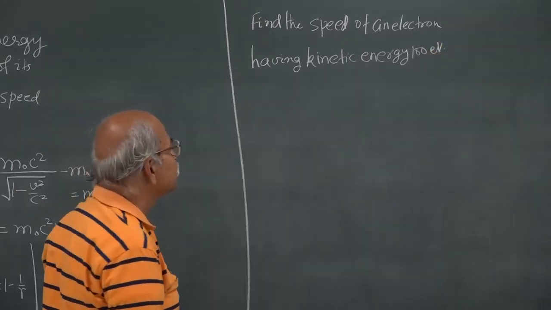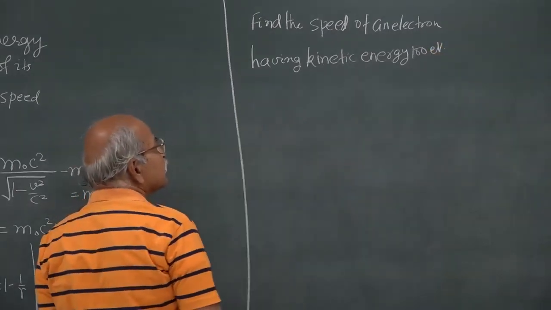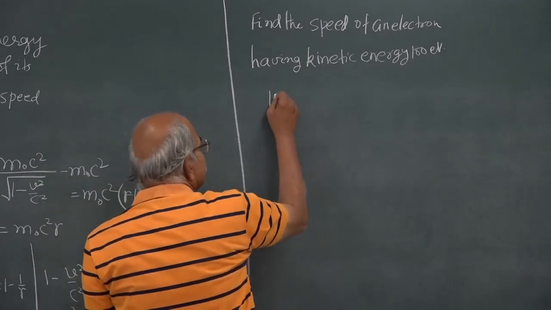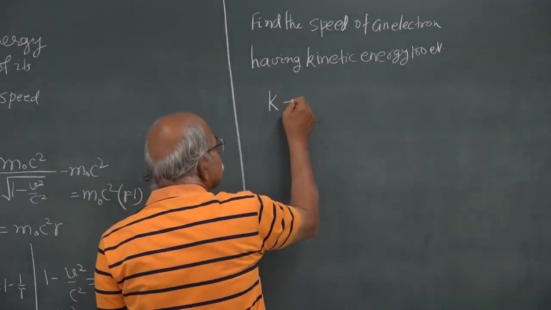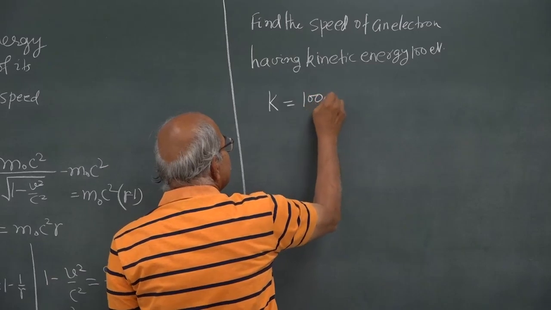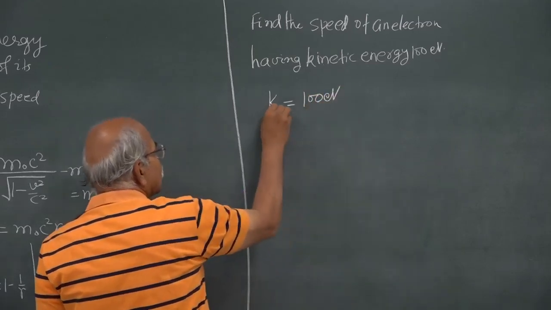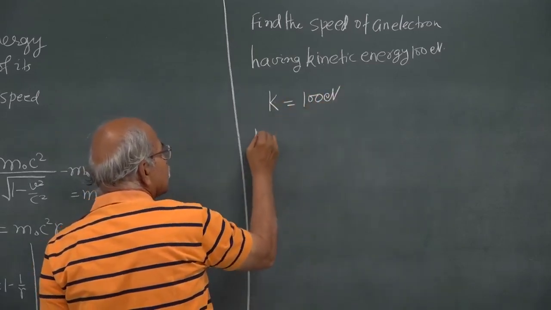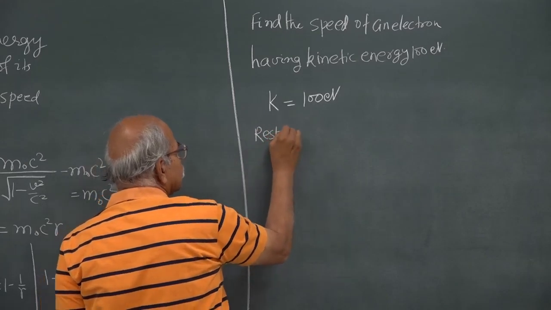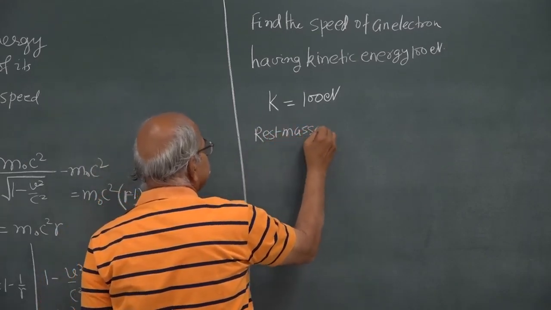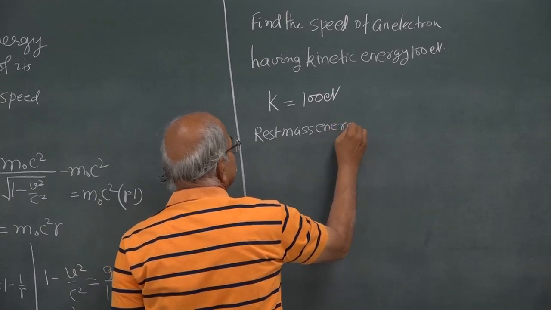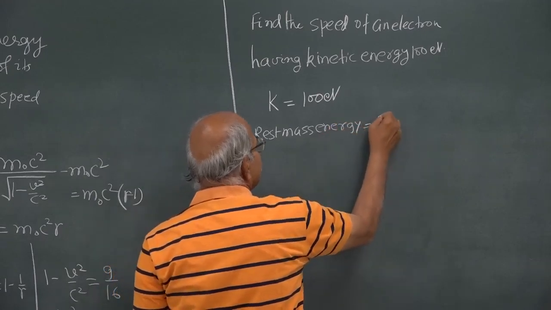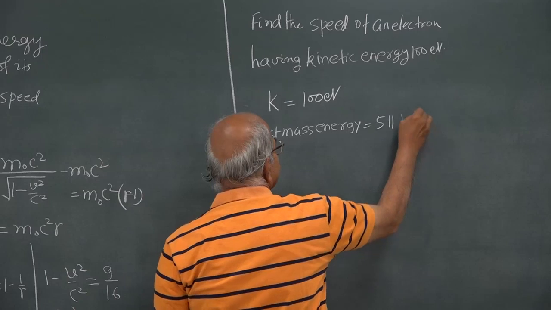So, what is the speed? And this is electron, remember. So, the kinetic energy is 100 eV and the rest mass energy is 511 kilo electron volts.